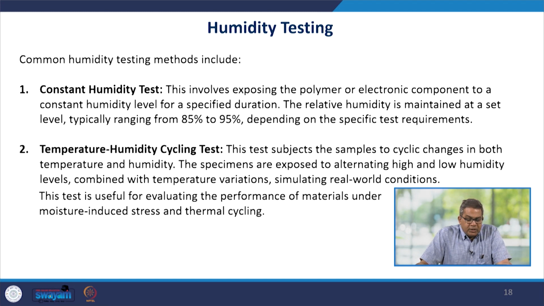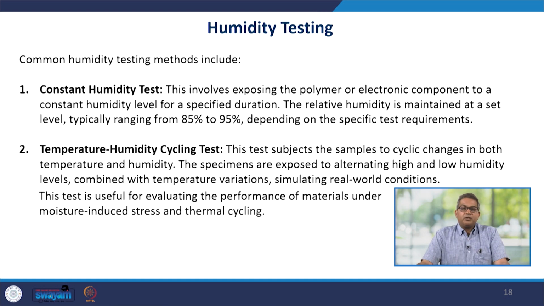Now, the common humidity testing methods include the constant humidity test. This involves exposing the polymer or electronic component to a constant humidity for a specified duration. The relative humidity is maintained at a set level, typically ranging from 85% to 95% depending on the specific test requirement.